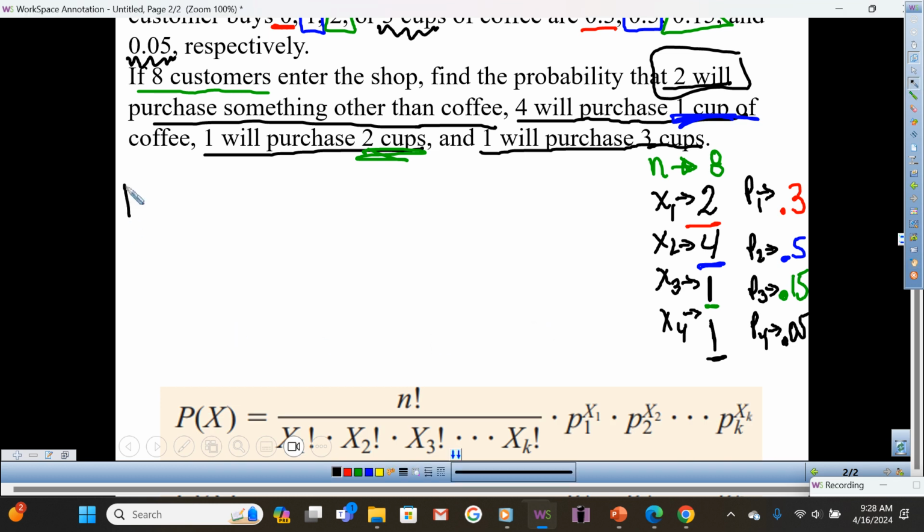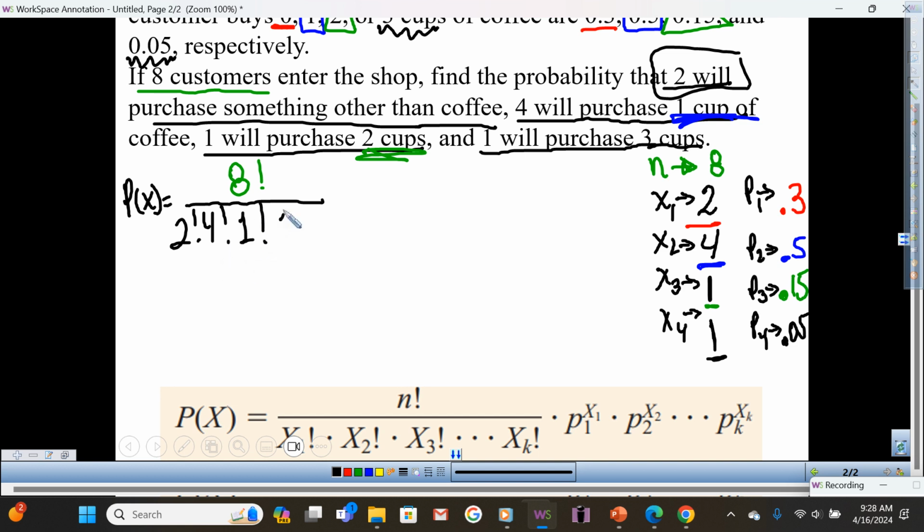Here we go. P of x equals n factorial, so that is 8 factorial. Then all our x's. So we got 2 factorial, 4 factorial, 1 factorial, and 1 factorial.